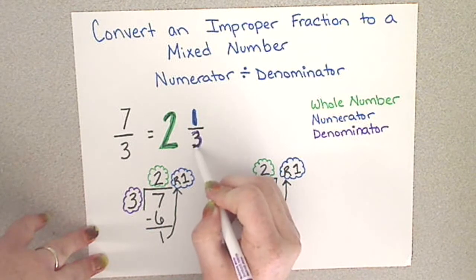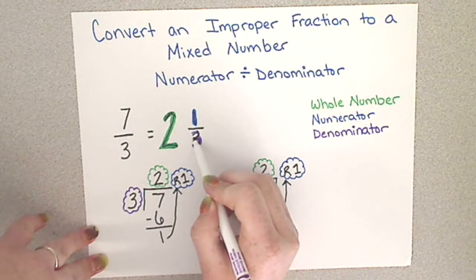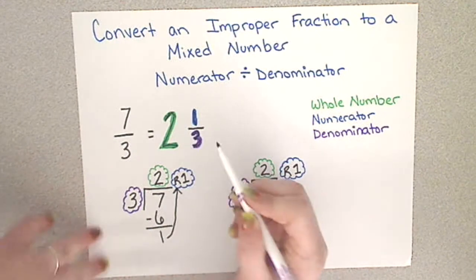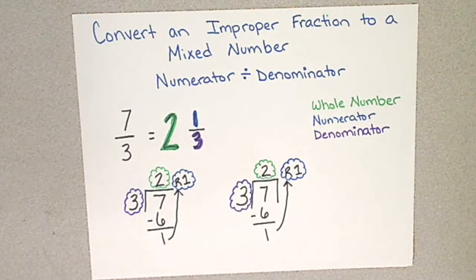So it's all about knowing where to find the pieces. Okay. And that is how you convert an improper fraction to a mixed number.